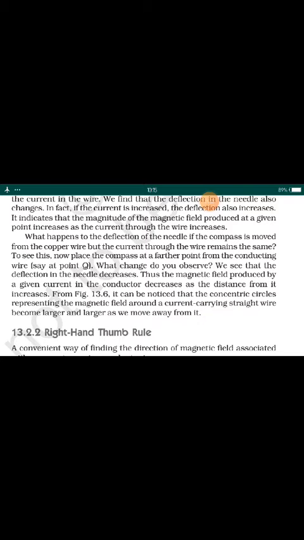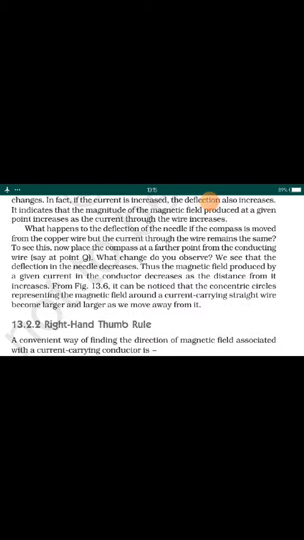What happens to the deflection of the needle if the compass is moved away from the copper wire but the current through the wire remains the same? करंट जो है वो सेम रहता है, वो हमें देखना है। To see this, now place the compass at a farther point from the conducting wire. What change do you observe?